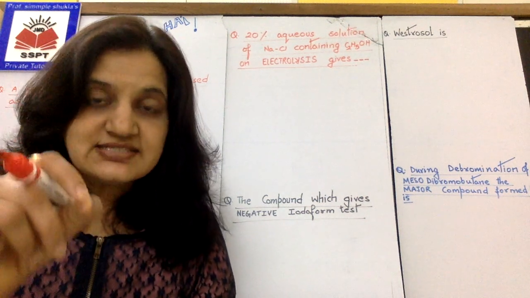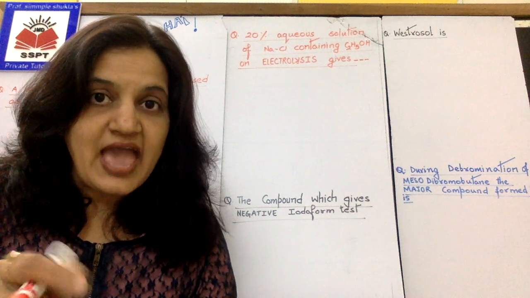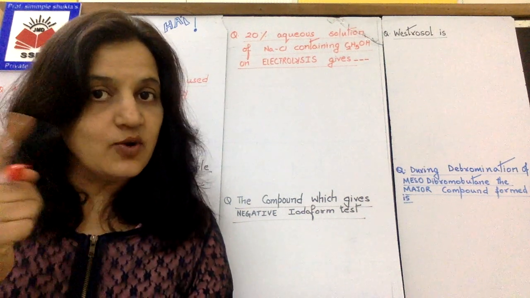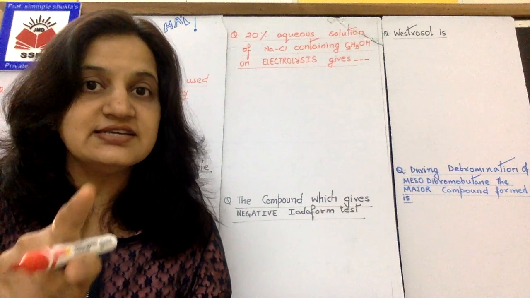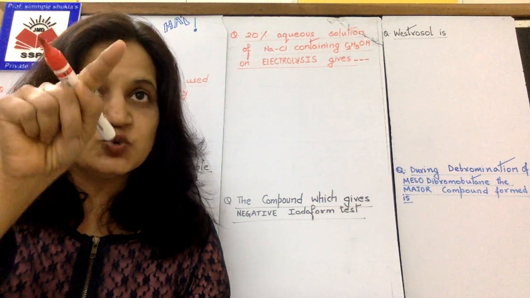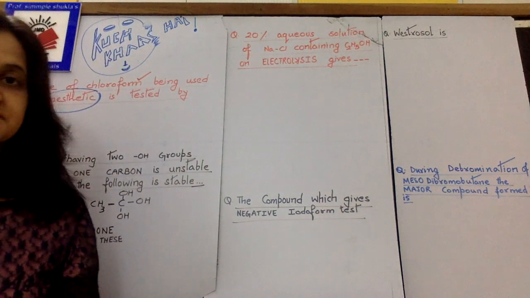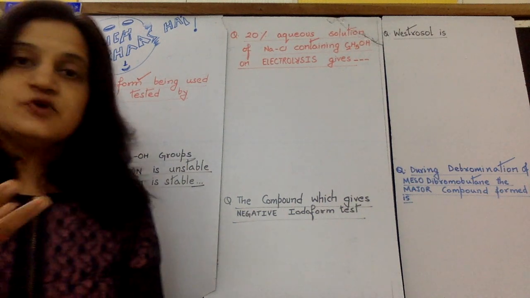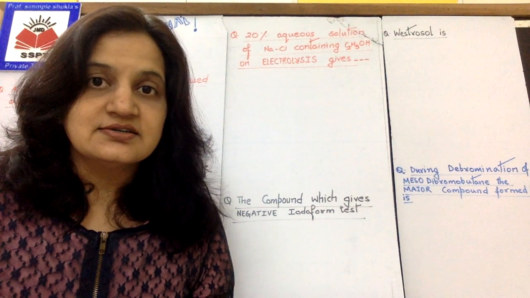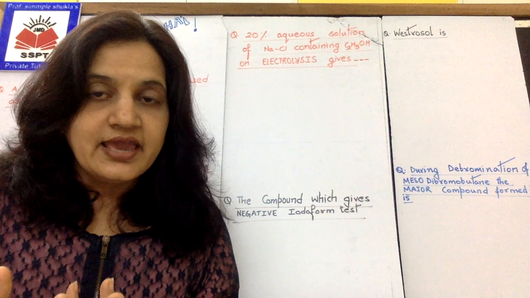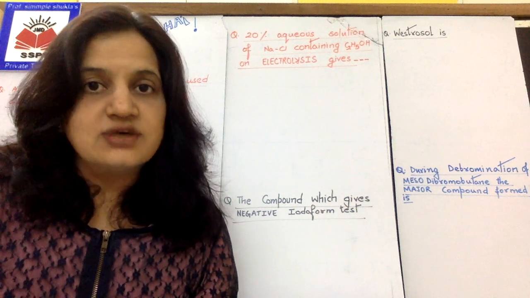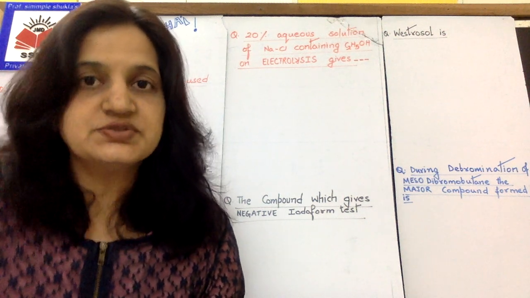I have given this in my notes of haloalkanes and haloarenes, page 85, first two lines. This phosgene gas is poisonous and hence it can cause fatal conditions.